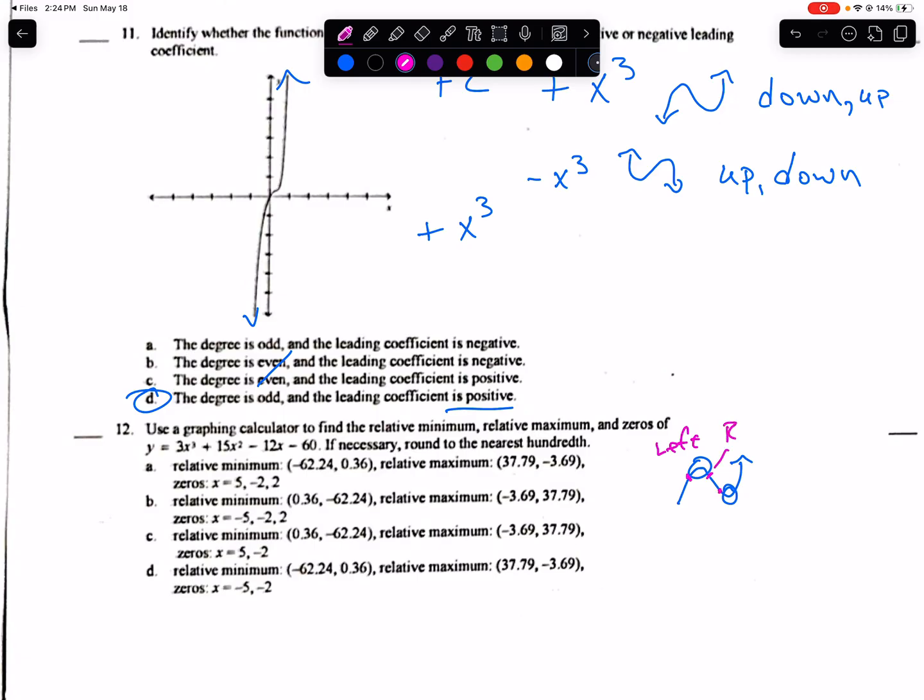And then left bound here, right bound here. After you get right bound, you hit enter twice, and it'll give you these values. You know how to adjust your window? Yeah. Okay, good. Because this will touch the y-axis at -60, so you can tell right away, you just hit window and make the y less than -60.